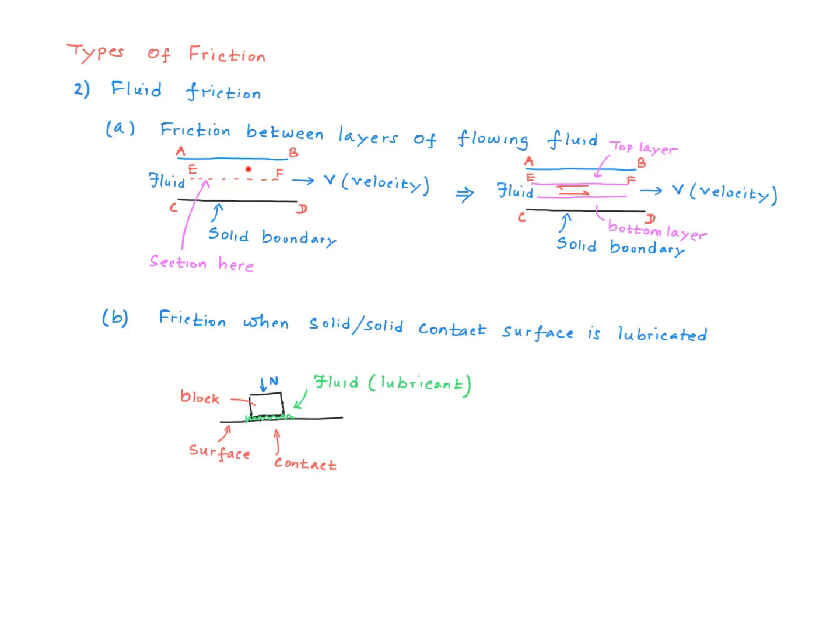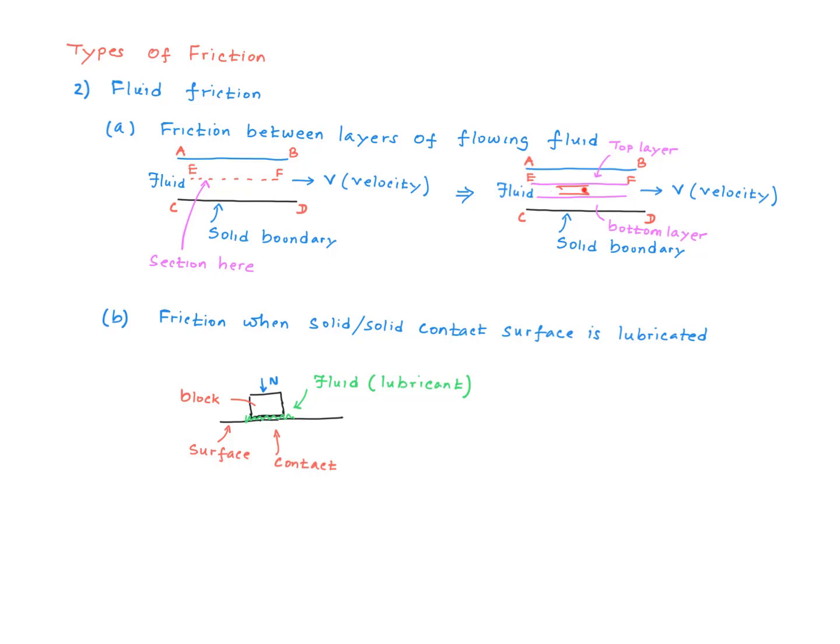Supposing, say, I'm going to come in here and section the fluid along a horizontal plane like this and see what kind of forces I have at the interface between the top and the bottom layers. You're going to see that there is a shear force at this interface. So this shear force comes about because this top fluid layer moves relative to the bottom fluid layer.